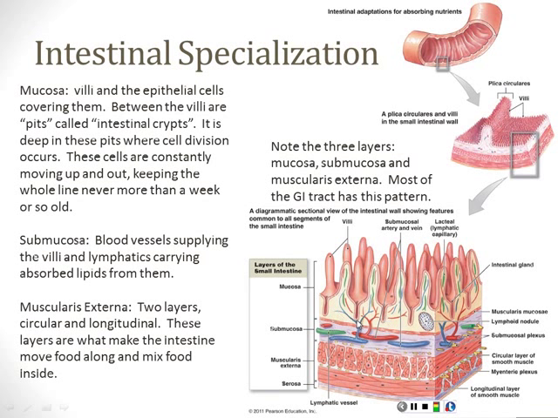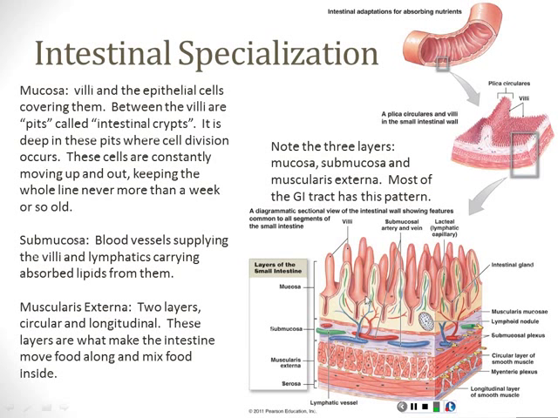We call those crypts, C-R-Y-P-T-S. Like ancient Egyptians have crypts. Well, the intestine has crypts too, and similar to the gastric glands, down here in these crypts, that's where cell division occurs. So what we have is cells divide here and get pushed as new cells come along behind them.